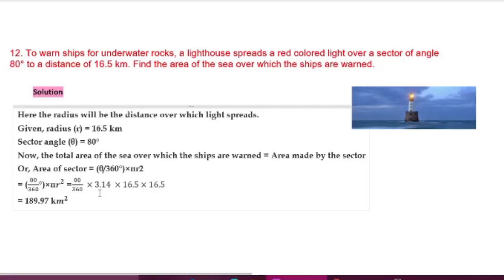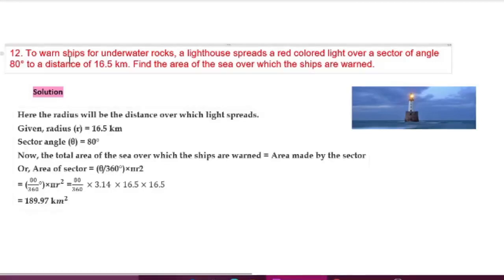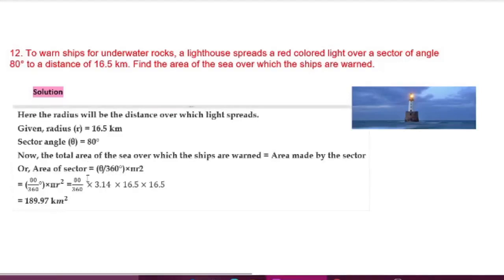Pi you can put 3.14 and radius is equal to 16.5. And simplify it, you will get 189.97 kilometer square. Here the distance is given in kilometers, so you will get the area also in kilometer square. So in this way we can find out the area of the sea over which the ships are warned.